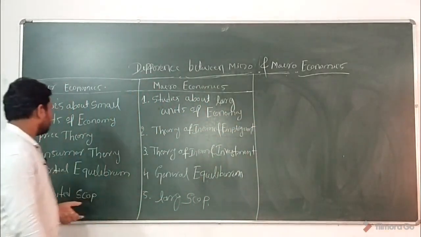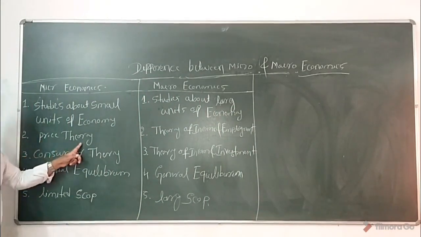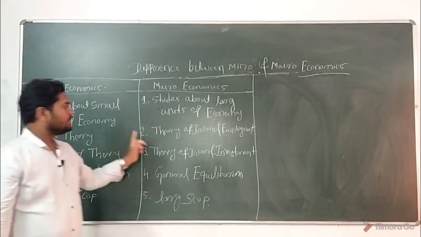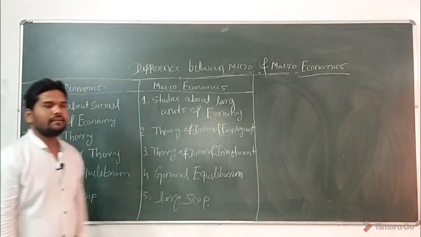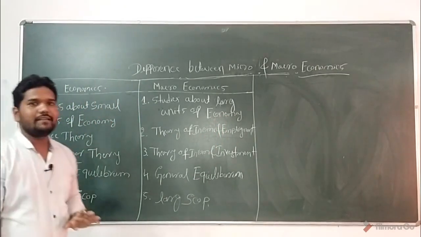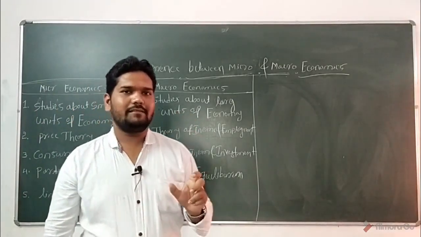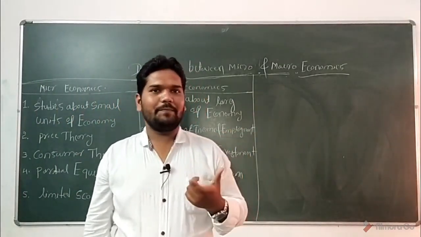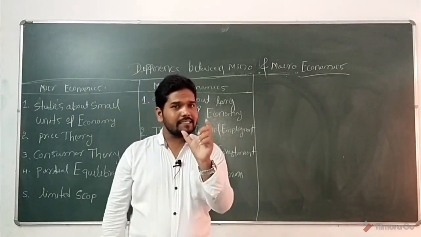The second point is price theory versus the theory of income and employment. Microeconomics is price theory.